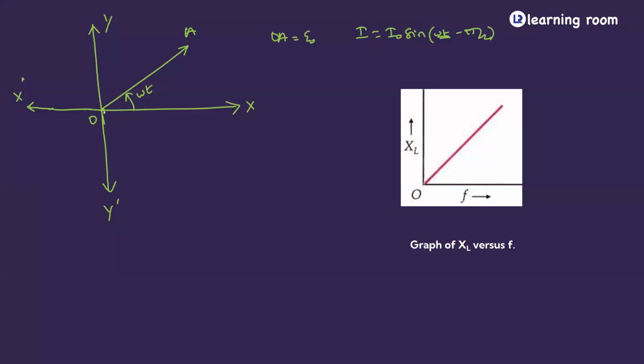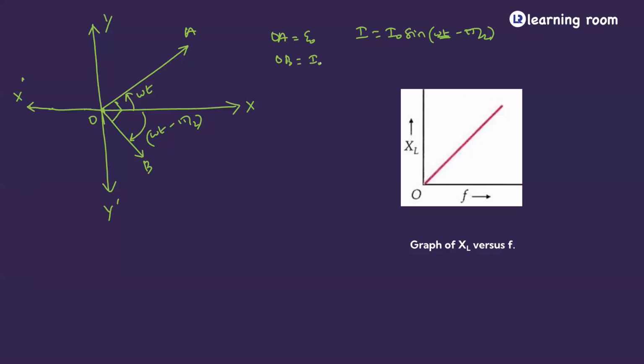When you rotate it, you will have the value of current to be this side, so that this angle is pi by 2 and this angle is omega t minus pi by 2. Make sense? And what is going to be the value of OB? OB will be equal to I naught.